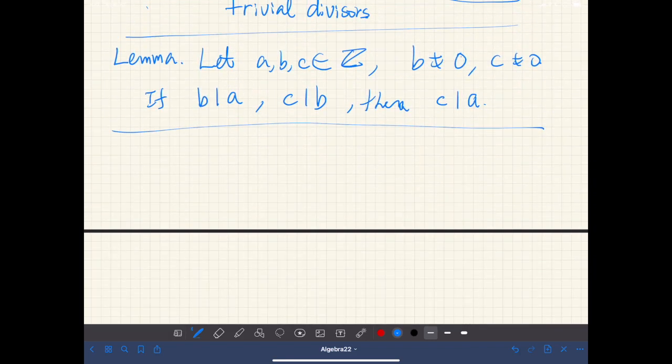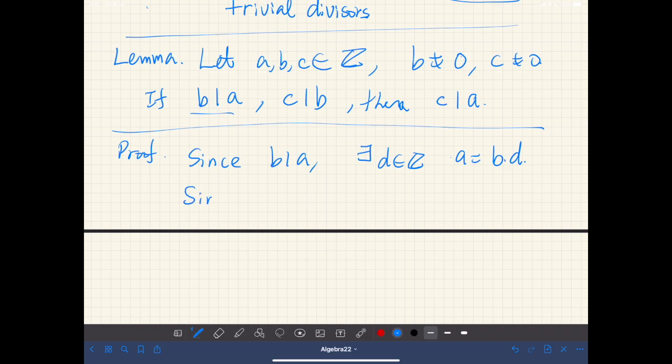So let's prove this. Since b divides a, there exists some integer d such that a is equal to b times d. And since c divides b, there exists some integer, let's say e, such that b is equal to c times e.